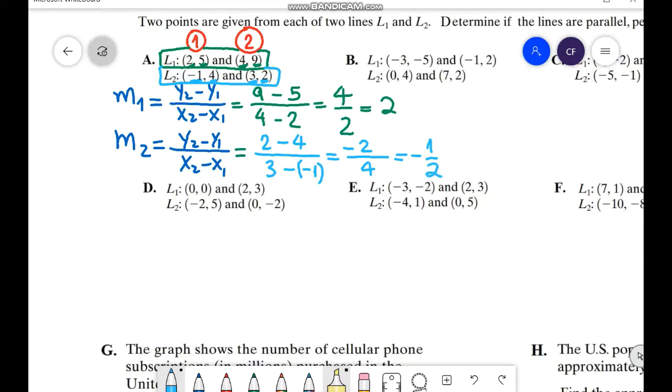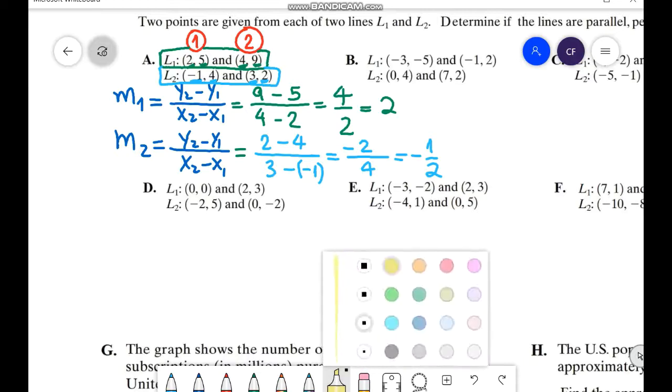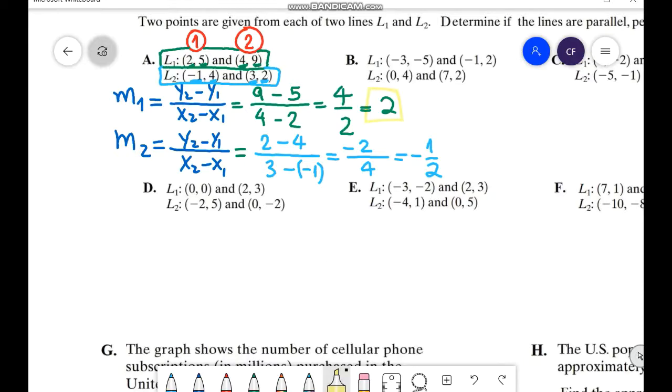So let me ask you, are the lines parallel? Are the slopes equal? Is M1 equal to M2? Check it out here. M1 is 2 and M2 is negative 1 over 2. So they are not equal, right?